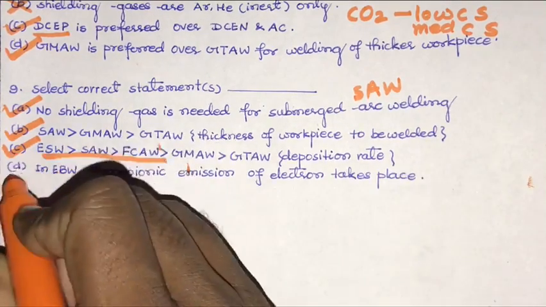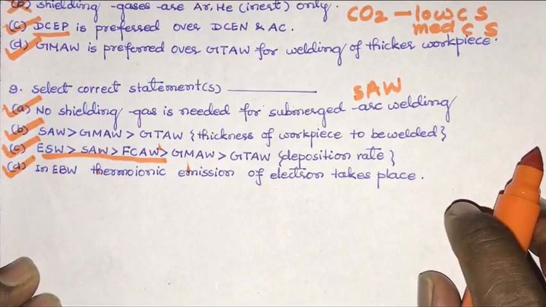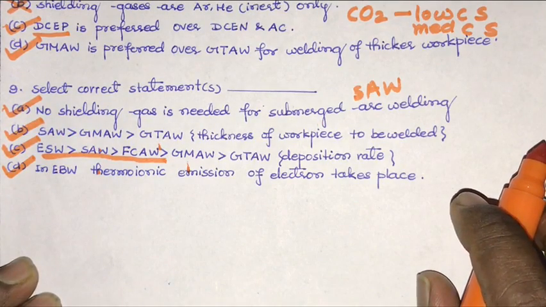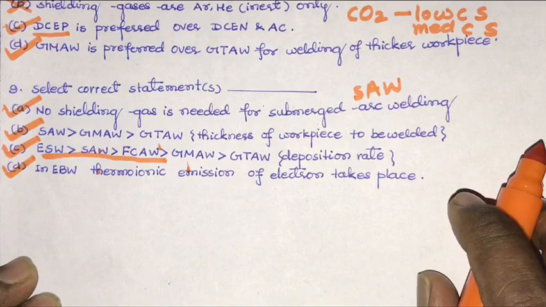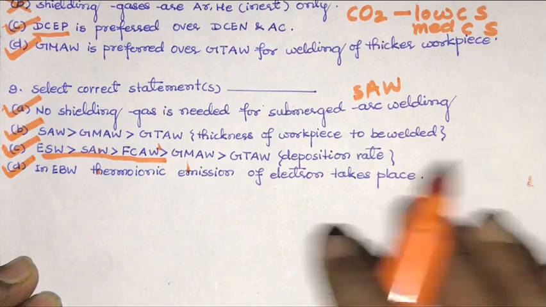So this is absolutely correct that in electron beam welding, thermionic emission of electrons takes place.